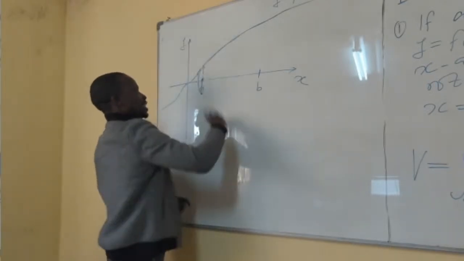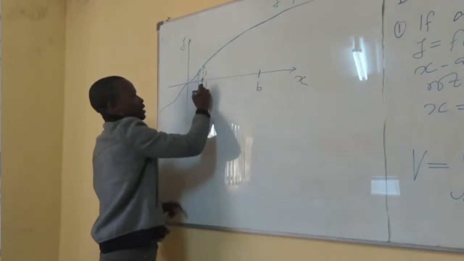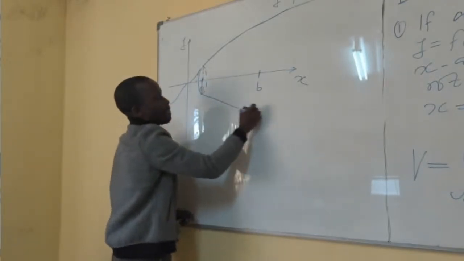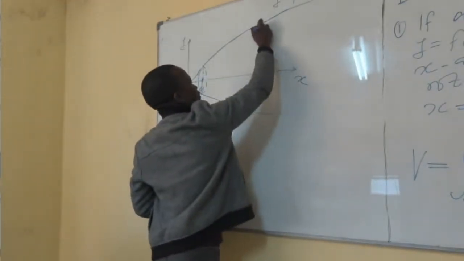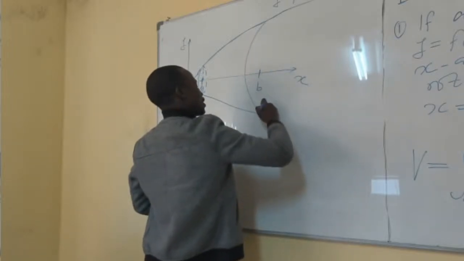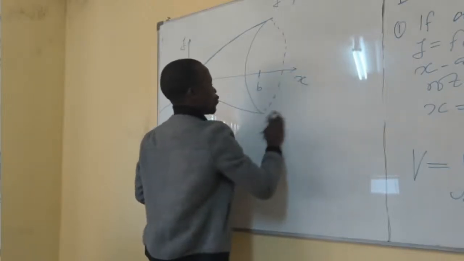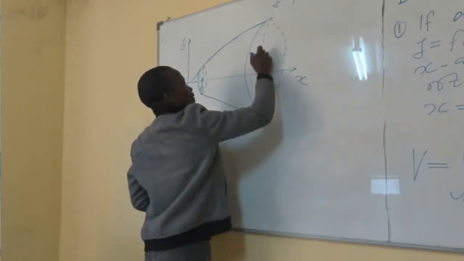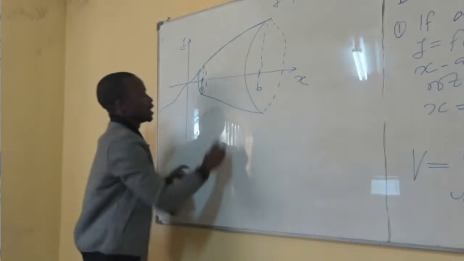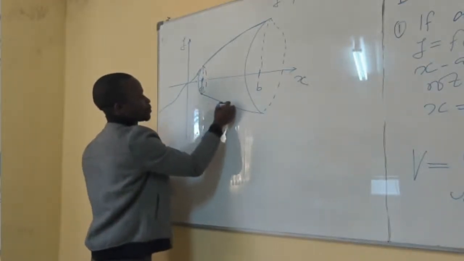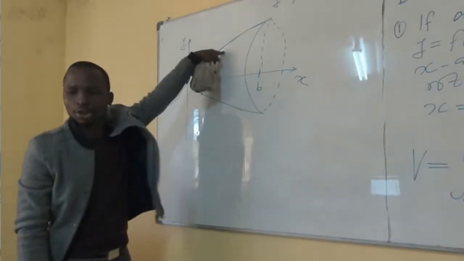So when you rotate it, we are going to have something like that. Then you should be able to find the volume of rotation. The one which is down is just a reflection of the original function.